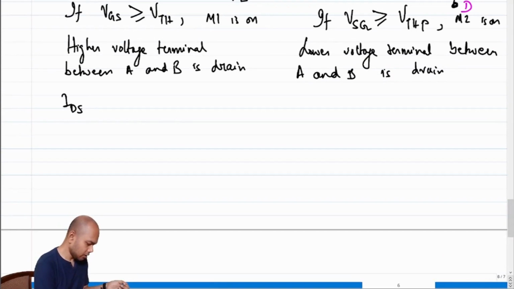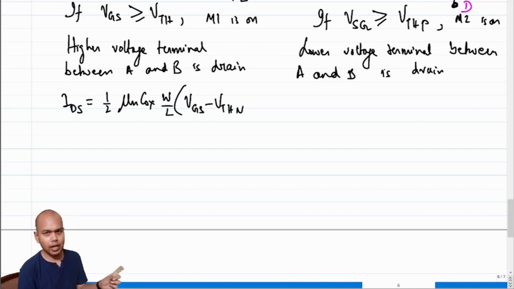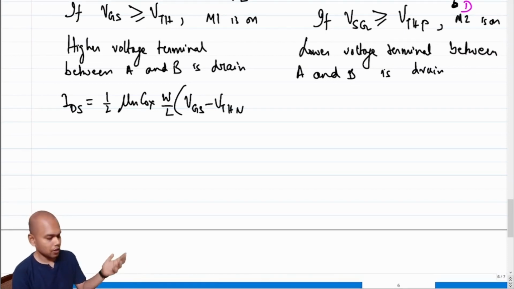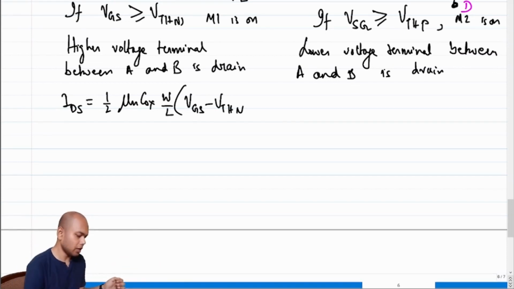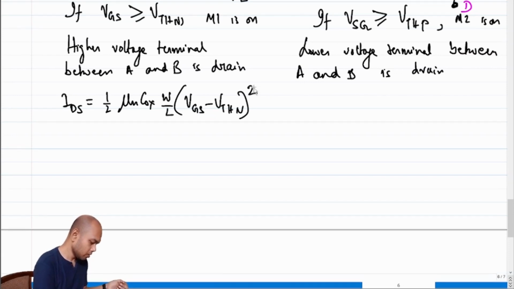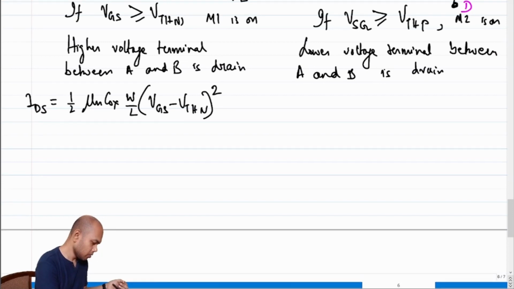IDS is equal to half mu n Cox W by L times (VGS minus threshold voltage) whole square, times (1 plus lambda VDS). I'm putting a subscript n because now we have both PMOS and NMOS to deal with, so it's better to discern them.